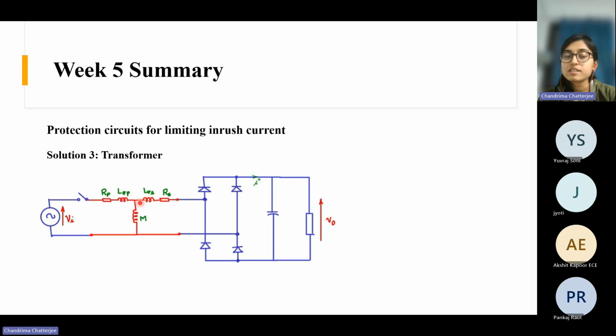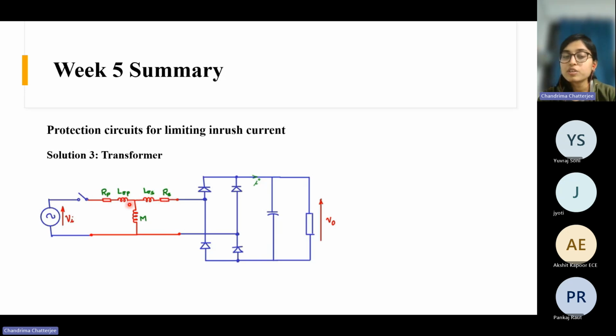Again, the secondary side leakage and the secondary winding resistance. Usually this mutual inductance is very high, so the current passing through this path will be negligible, very small. If you neglect this current path, we can assume that there is a negligible amount of current passing through it due to its large value. So all these RP, LP, LS and RS come in series.